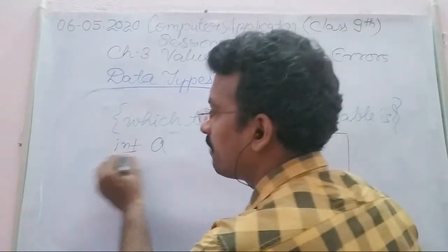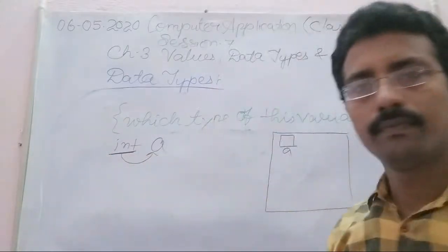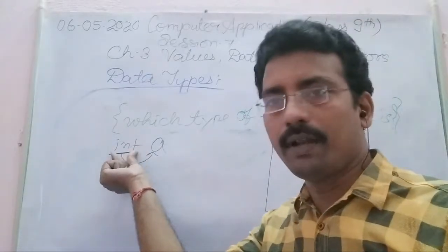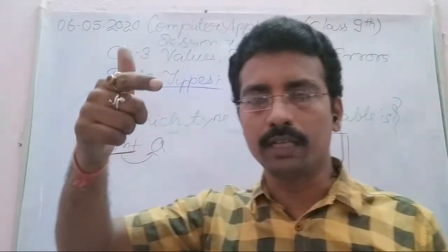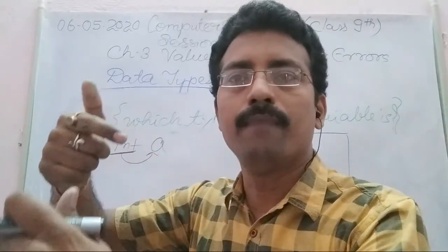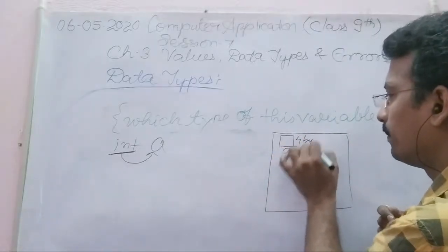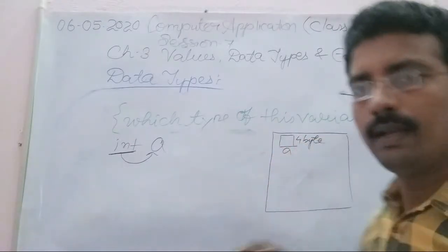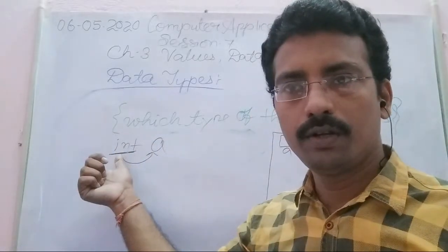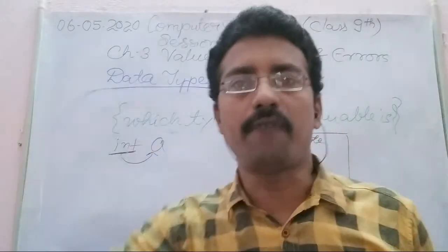Now the definition of integer will be utilized by A. What is the definition of integer? Integer says I will take 4 bytes of memory. So no problem, A will take 4 bytes of memory. Integer says I will hold a non-fractional value.